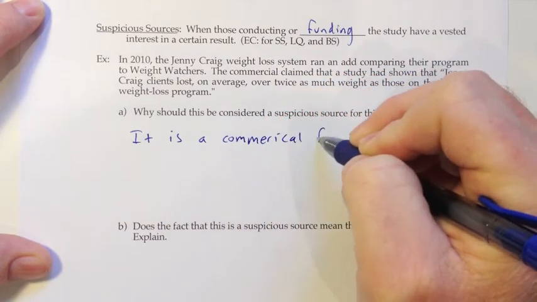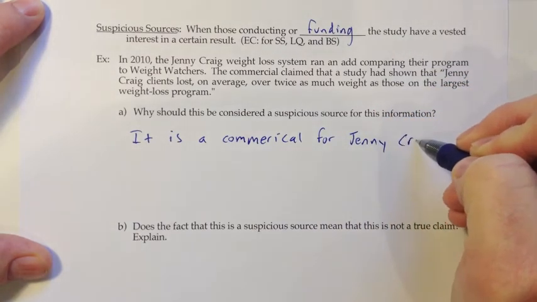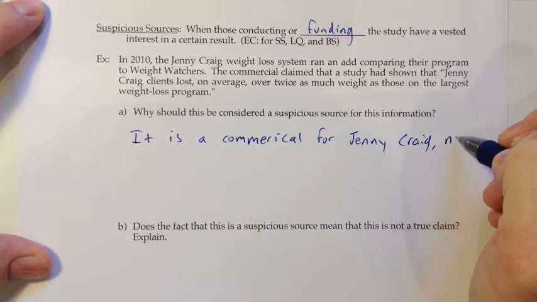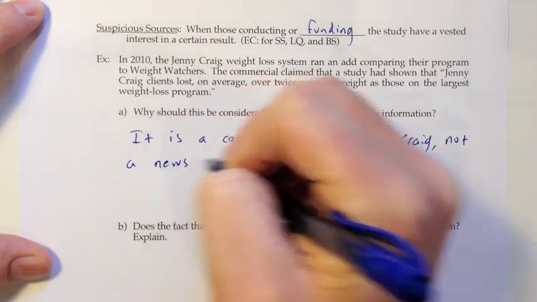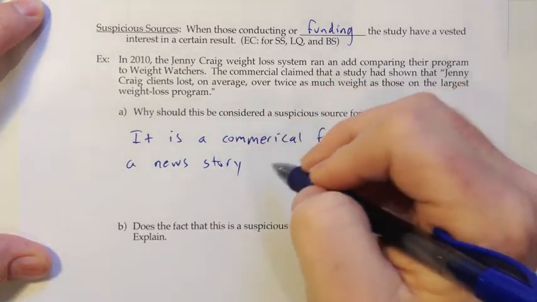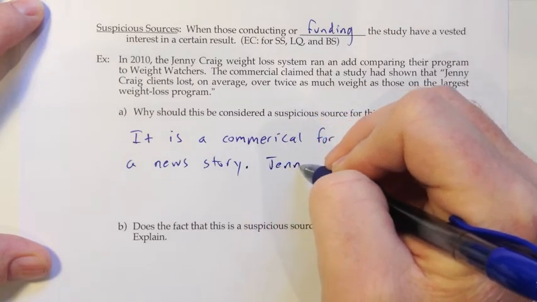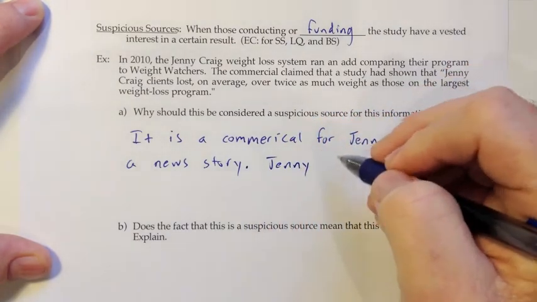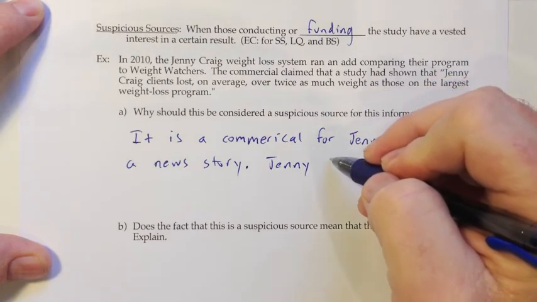So it's a commercial for Jenny Craig. Not a news article. Or news story. Maybe you could say it doesn't matter if it's print or radio or whatever. And then what we're concerned about is that Jenny Craig has a financial interest in our believing this result.